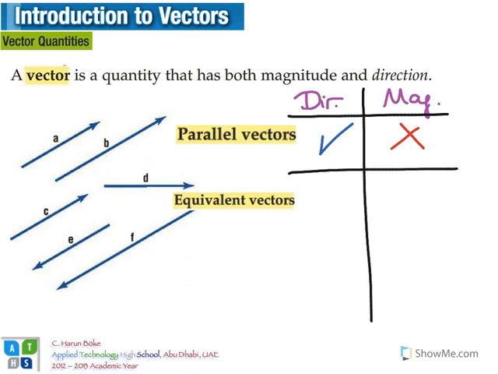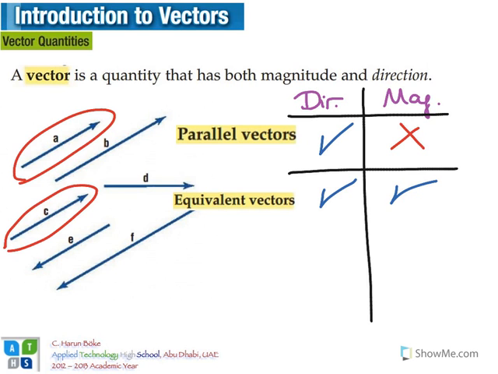Equivalent vectors have the same direction and the same magnitude. An example for equivalent vectors is A and C. They have the same direction and the same magnitude.